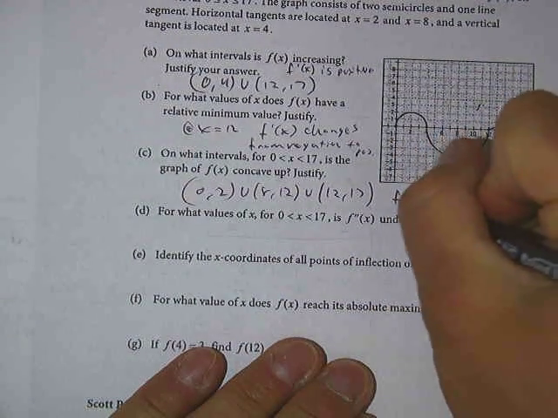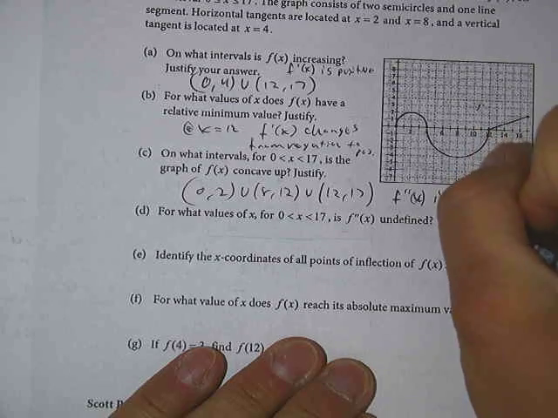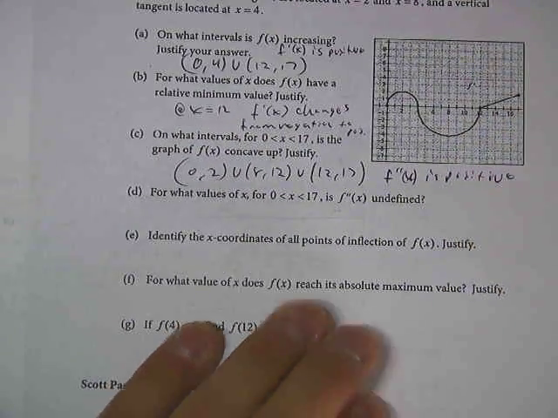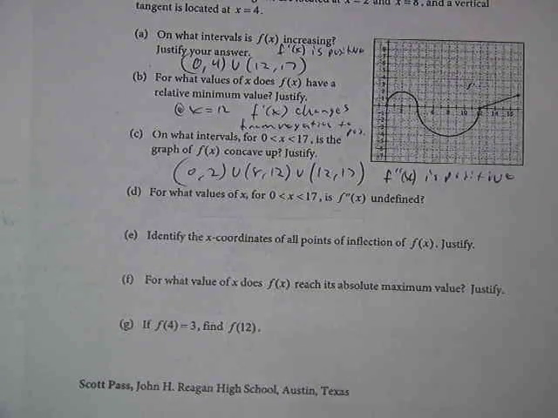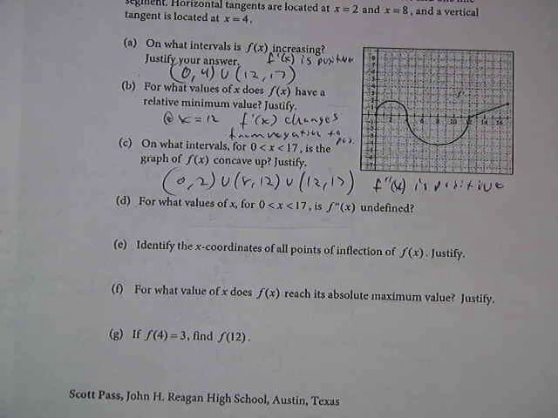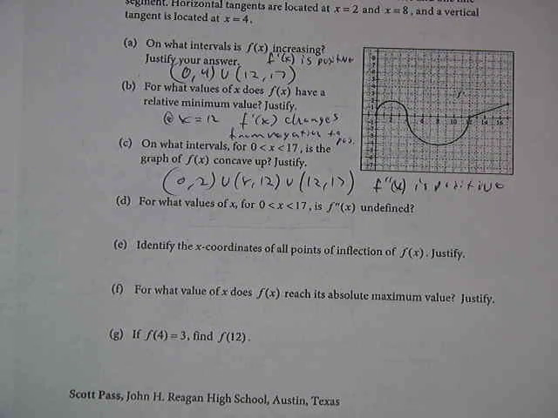Alright. Part C asks for what intervals between 0 and 17 is the graph of f concave up. So concave up would mean when the derivative of the derivative is positive. So that would be from 0 to 2, the derivative of this picture would be positive, wouldn't it? So it would be 0 to 2 would be one such interval. Also from 8 to 12.